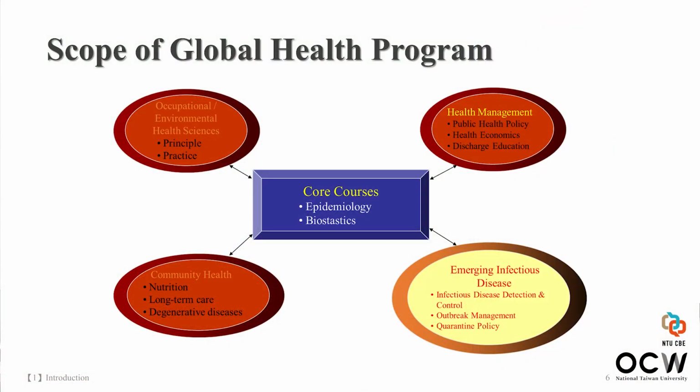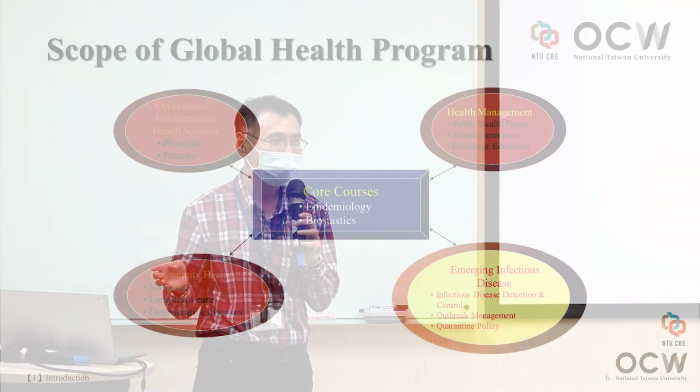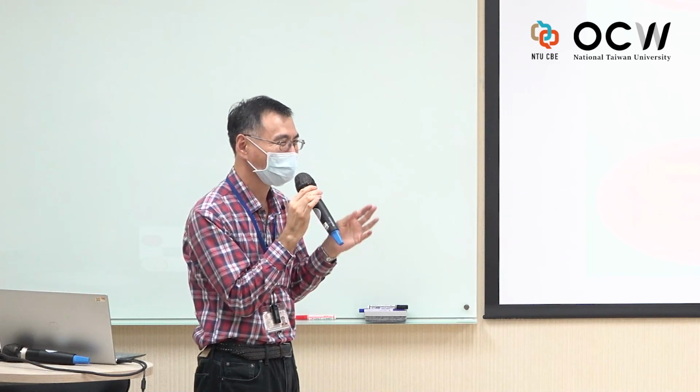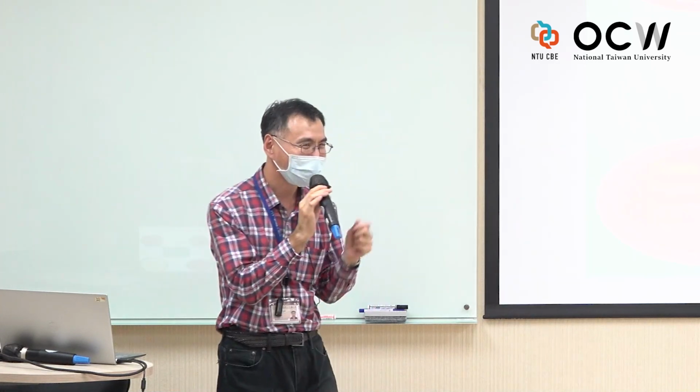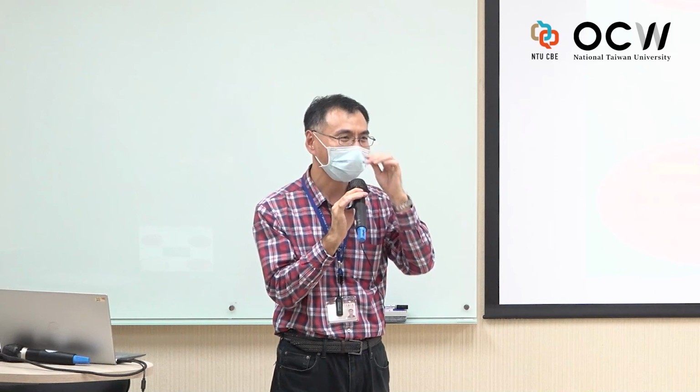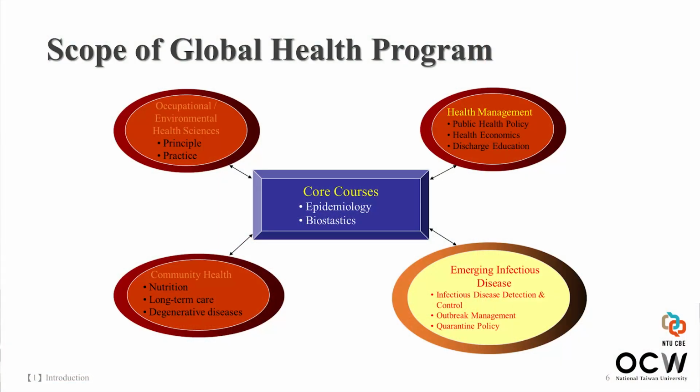And especially for emerging infectious disease, which is the expertise of Andre, right? So you've been taught or trained by his expertise. His expertise is how to use biostatistical models to mimic the behavior of infectious disease in a population, right? So not only for infectious disease detection, but also for control.